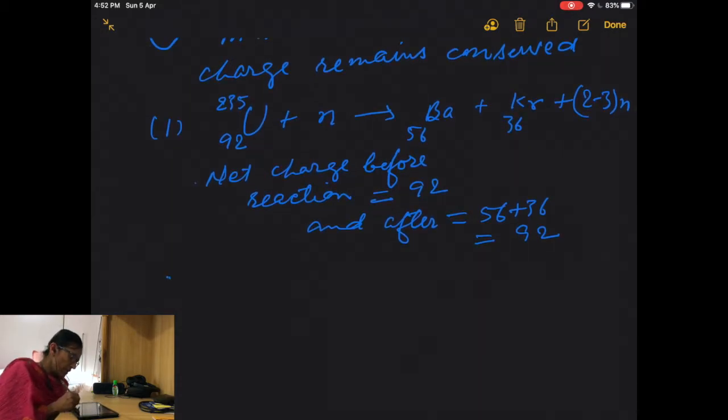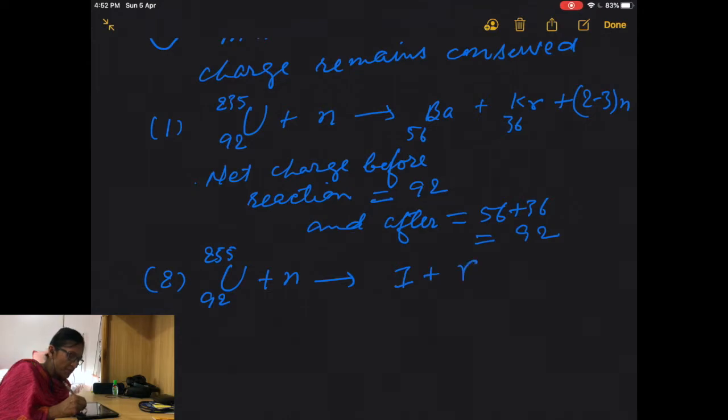Now there are so many ways in which uranium can disintegrate. Let me take one more example. When it is disintegrated into indium and yttrium, indium has atomic number 53 and yttrium has atomic number 39.